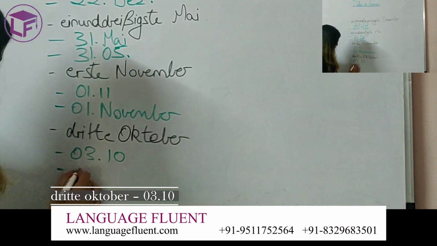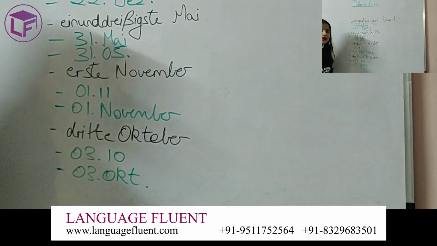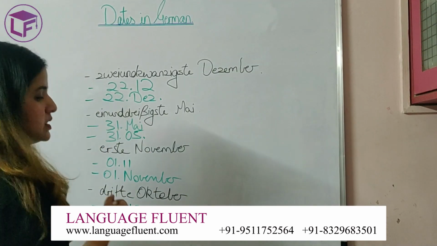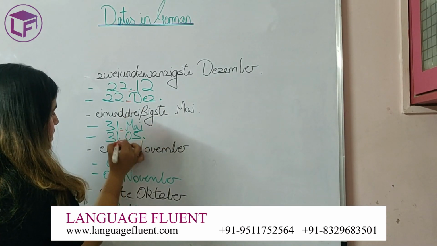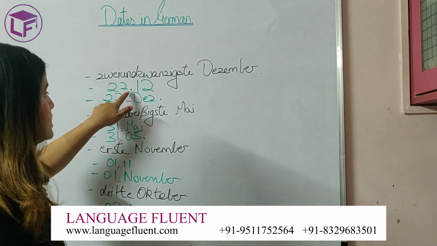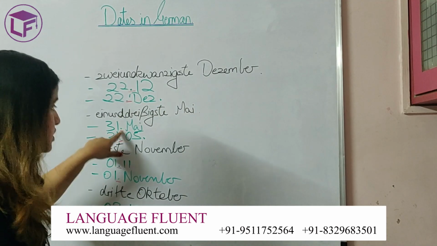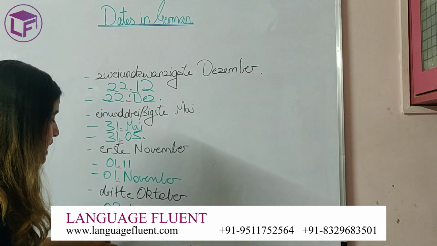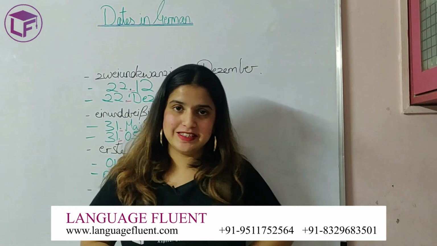October, or 3. 10. So this is how you write this. The dot is very important. So 22. Dezember, 31. Mai, 1. November, 3. Oktober. Now let's look at some sentences.